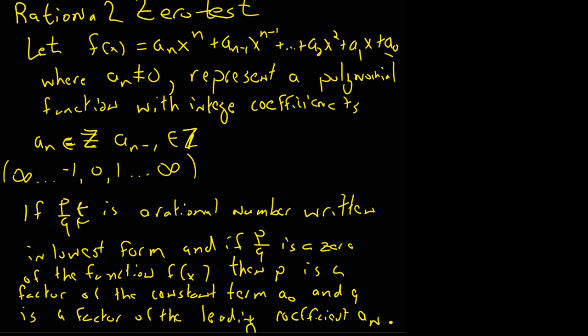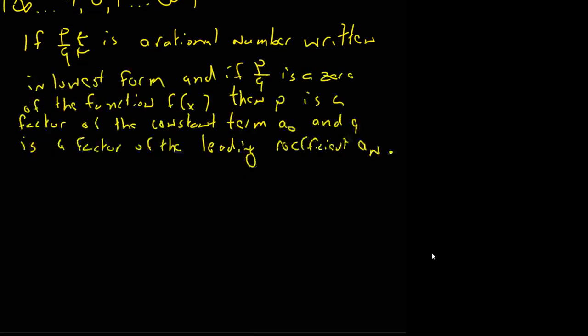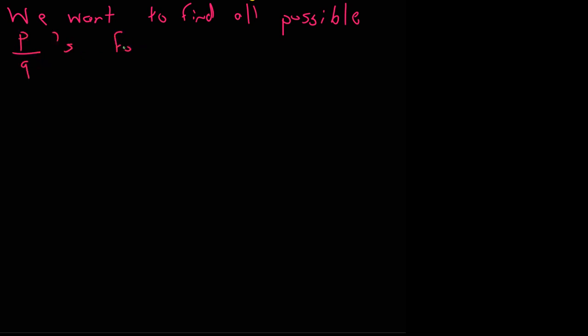So how do we use this? Well, what we want to do is find all possible rational p over q's for a sub n and a sub 0. All right? We're going to find all of them because we know if one of them is a root, it works backwards.